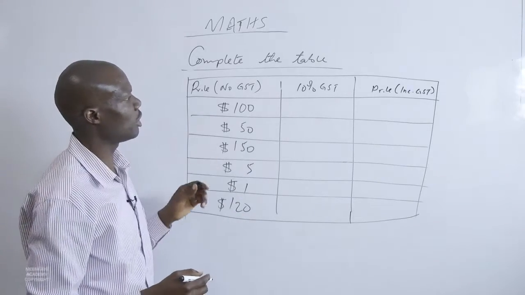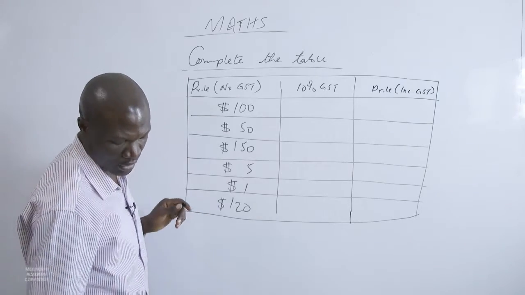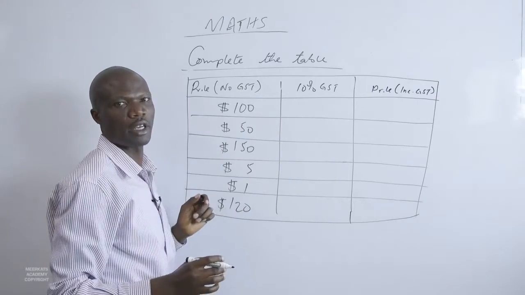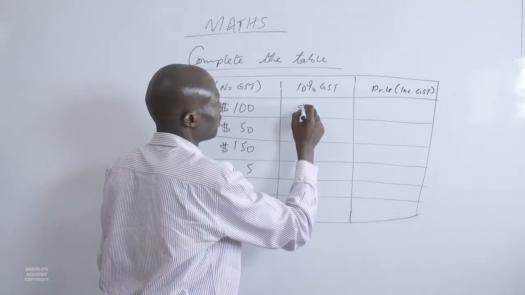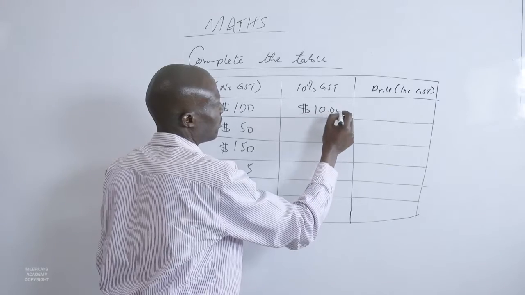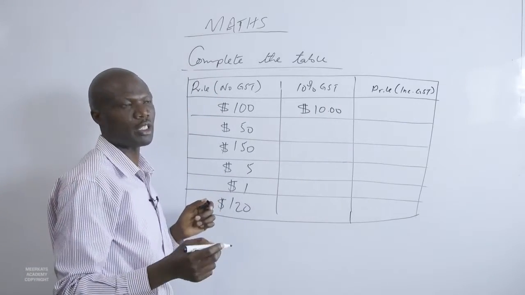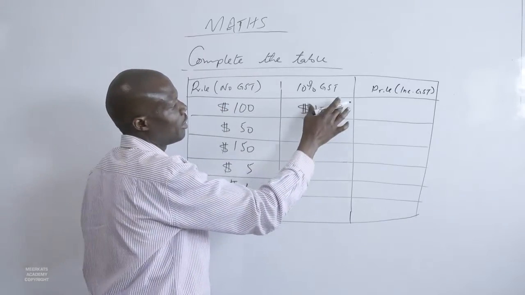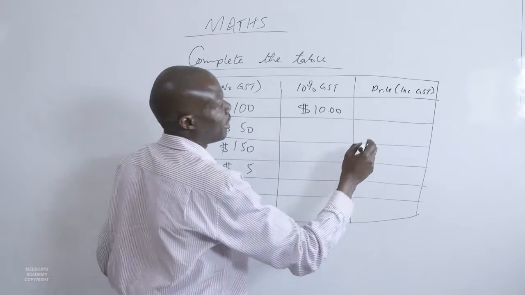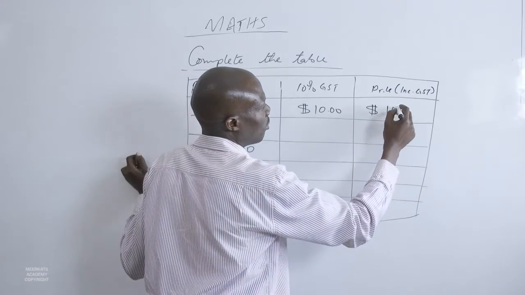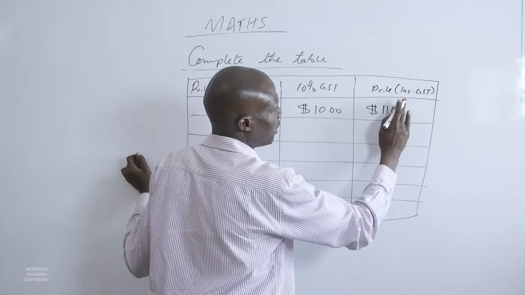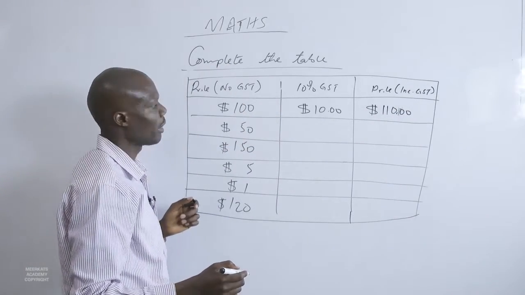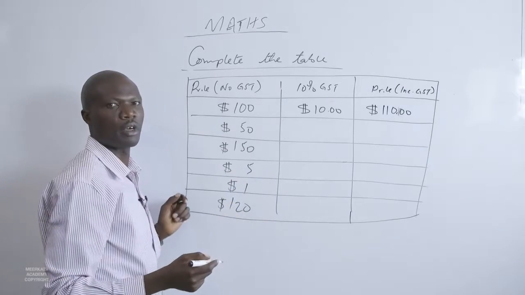So for the first one, we find that 10% of $100 is equivalent to $10. And when we talk of price inclusive, we shall take cost price before GST and the GST, that is 100 plus 10, it gives us $110.00.